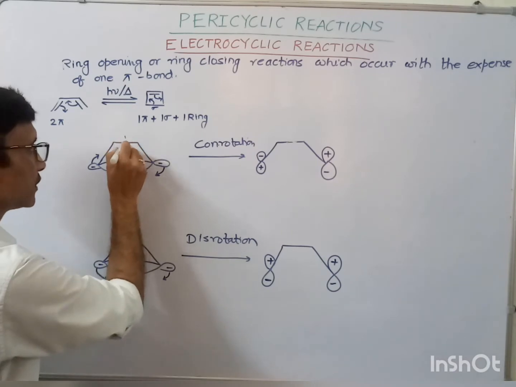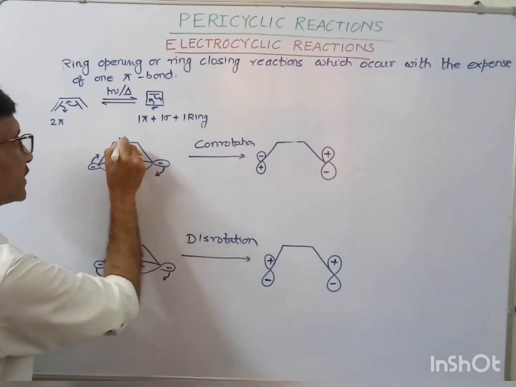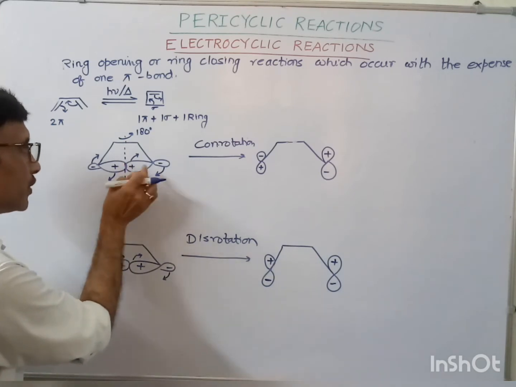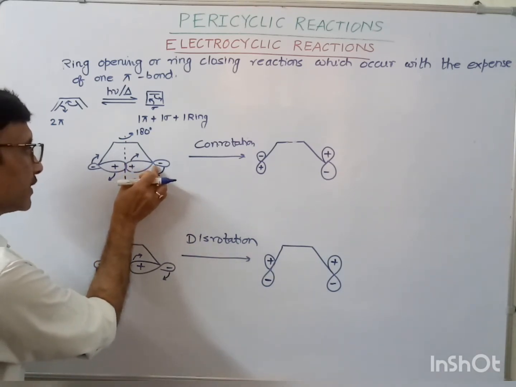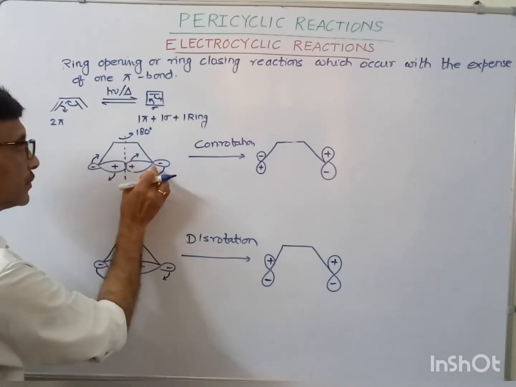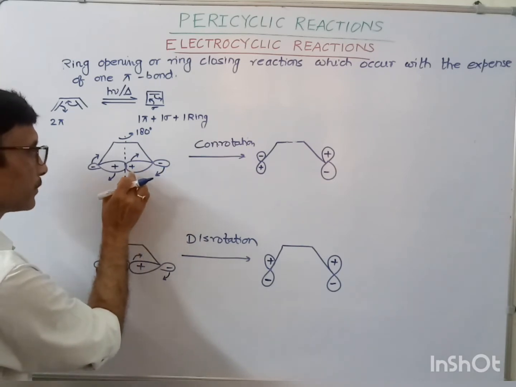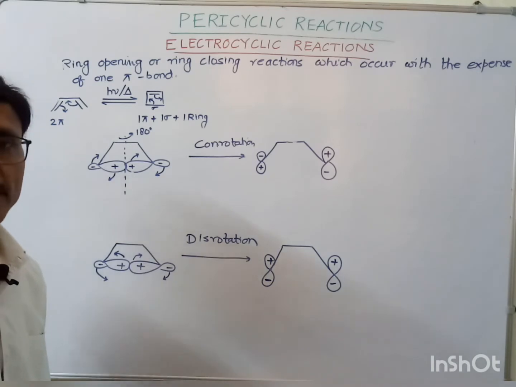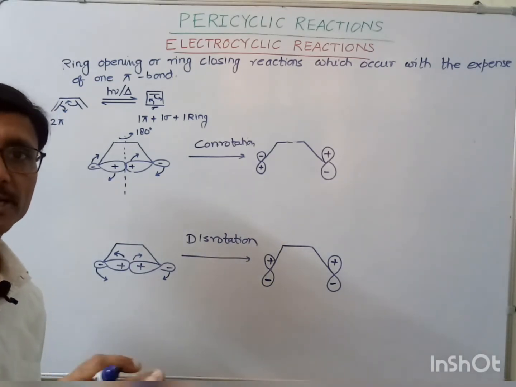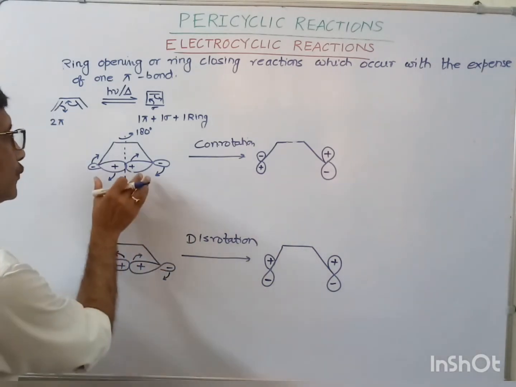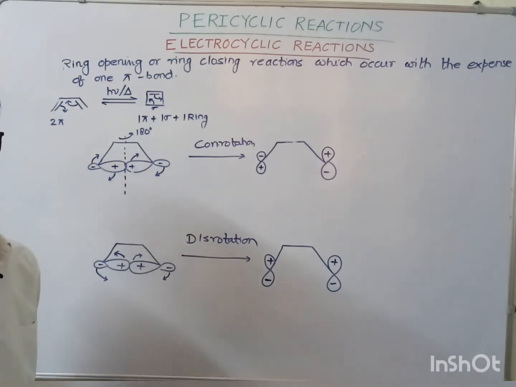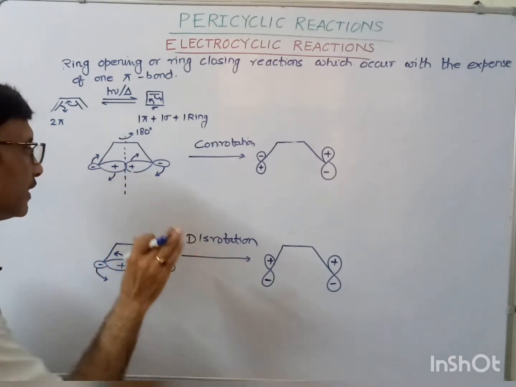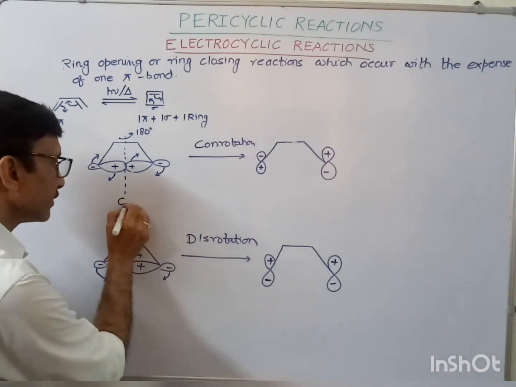If I pass a rotation axis and rotate it by 180 degrees, then after rotating, this minus will go over here and this minus will go over here, and at the place of this plus, this plus will go over here. Means at plus, plus is coming, at minus, minus is coming, and you will get the same orbital. No change will occur. It means it has C2 symmetry.